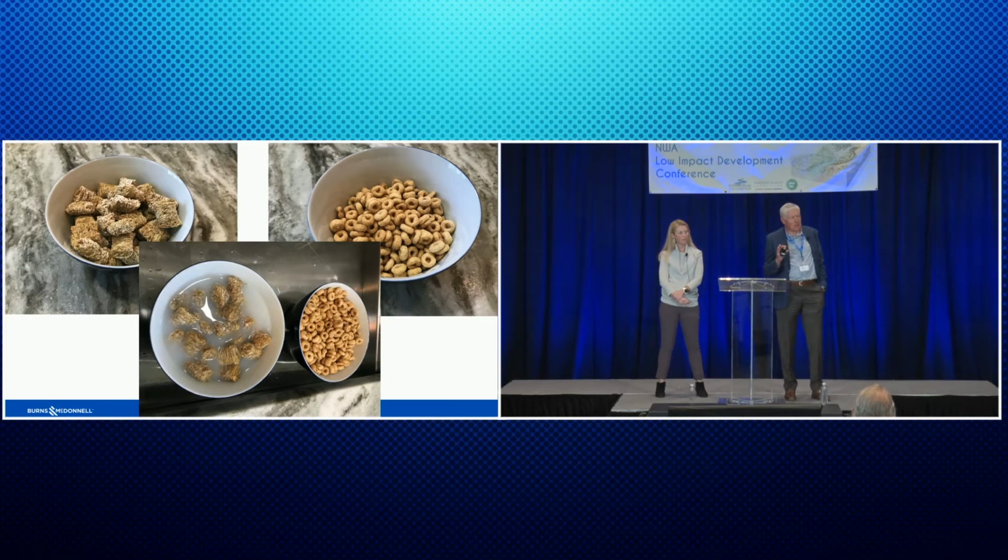We're getting some detention, but if we poured out the water from these two bowls, the water coming out of the Wheaties bowl is going to be far less than what's coming out of that Cheerios bowl, right? So we're retaining it, we're delaying it, we're slowing it down, but in many cases, all that volume is still in our watershed, and we're routing that down, where previously in the Wheaties bowl, Mother Nature is using it at the site. That's really what we're talking about here today.